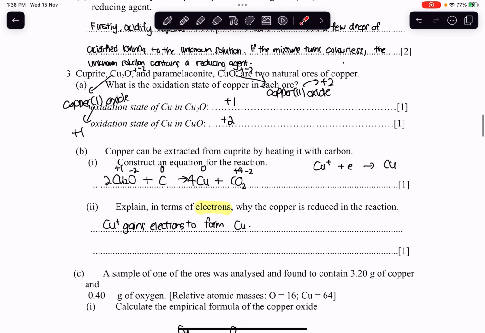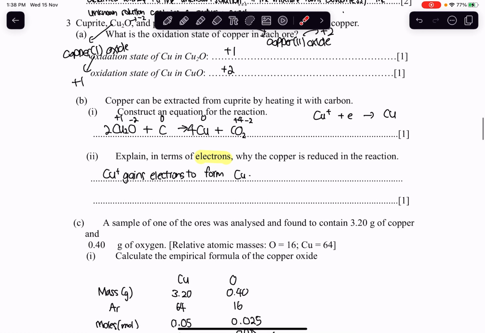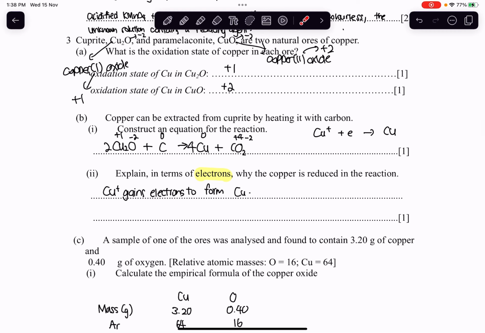Copper can be extracted from cuprite by heating with carbon. Construct an equation for the reaction. So you start with Cu2O plus C, and you extract copper, which means you need to form copper. The other product will be CO2.